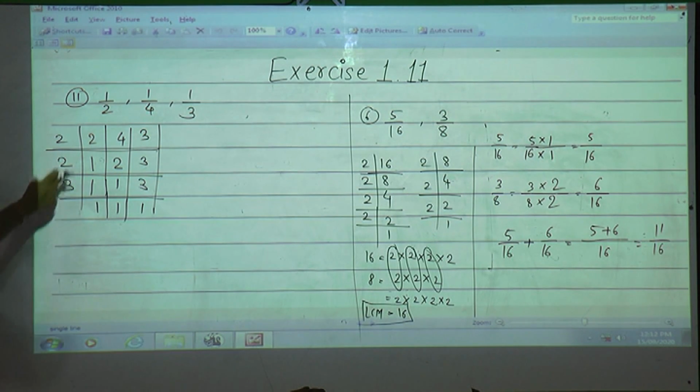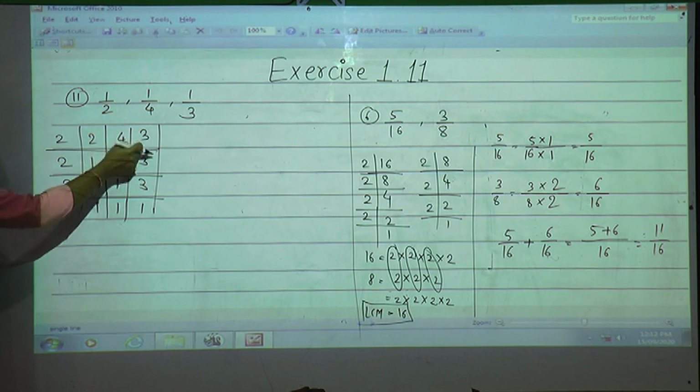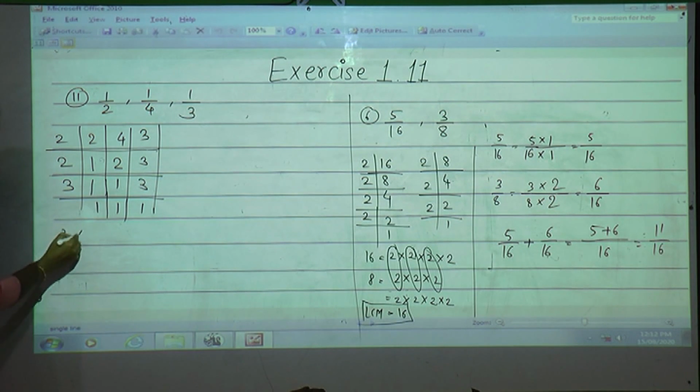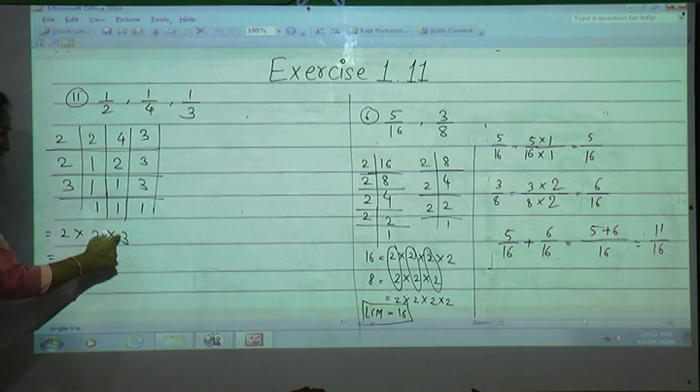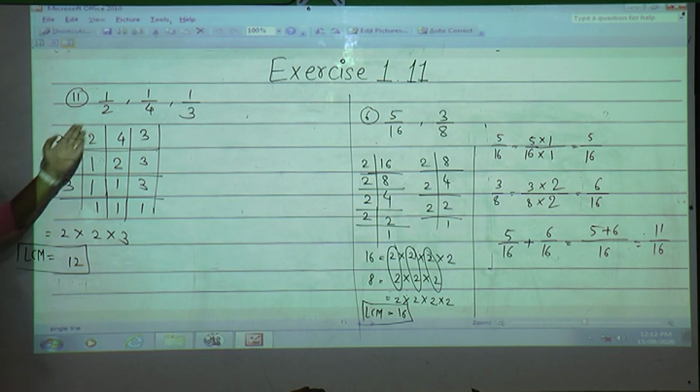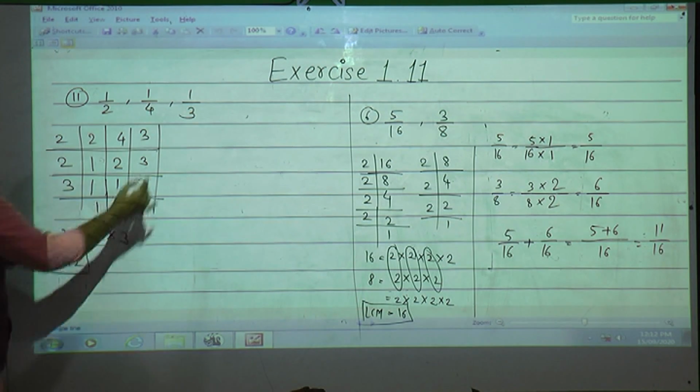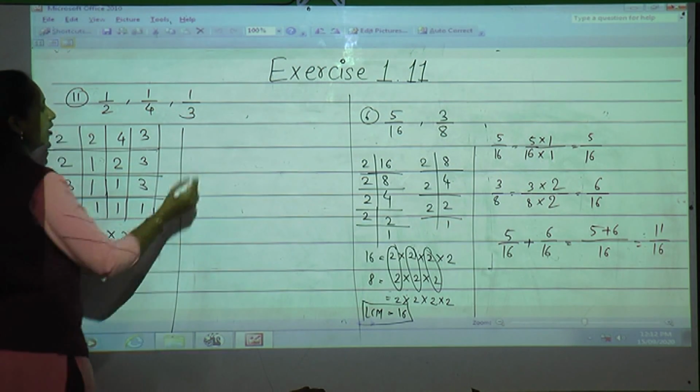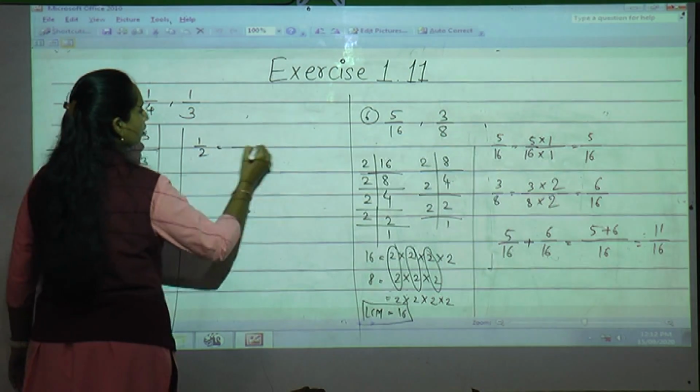Okay. So the multiples of 2, 4 and 3 are 2 multiplied by 2 multiplied by 3. This is the combined LCM. So 2 2s are 4, 4 3s are 12. So what is the LCM of 2, 4 and 3? It is 12. Now the next step. Now write 1 by 2.